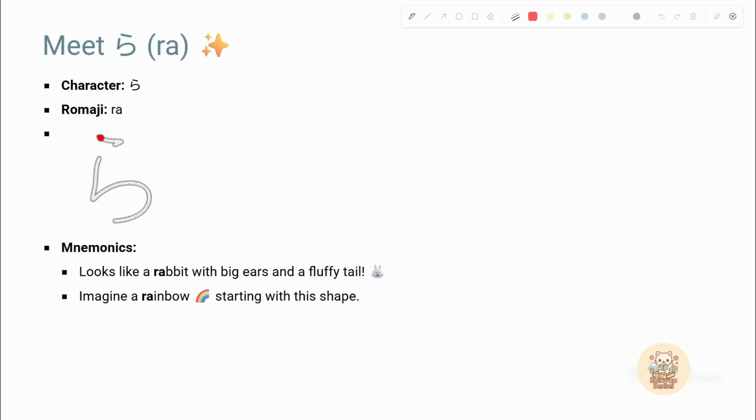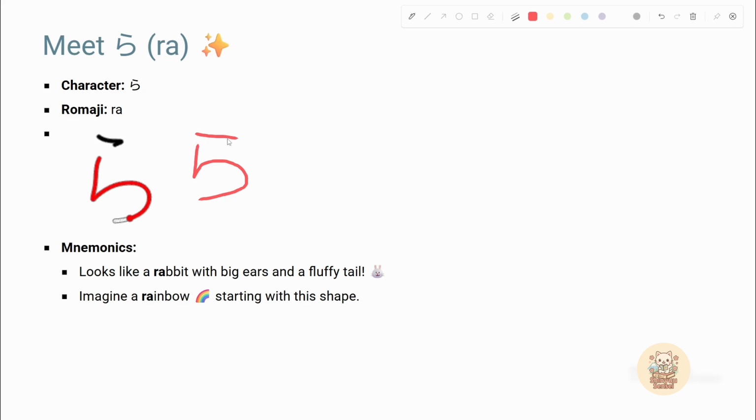Let's meet our first character today. The character is Ra. The Romaji sound is R-A, Ra. Let's write together. The first mnemonic is, it looks like a rabbit with big ears and a fluffy tail. So let's deconstruct.